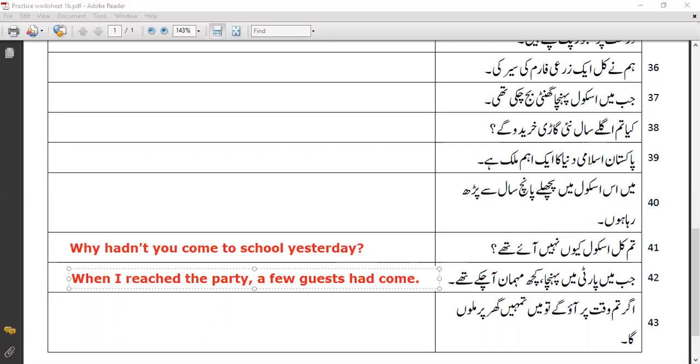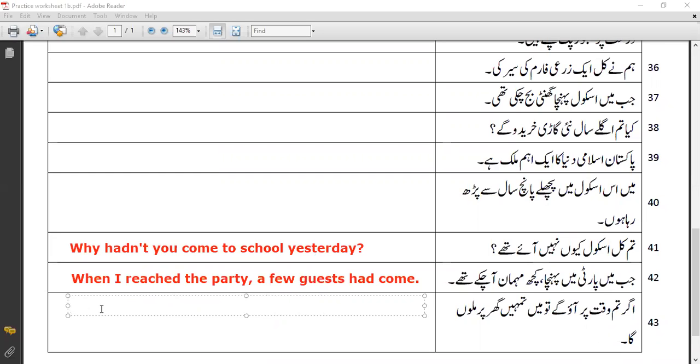And the last one, I think the same sentence was there earlier, but never mind, we'll translate it once again. But this conditional sentence is a bit different from the previous one.